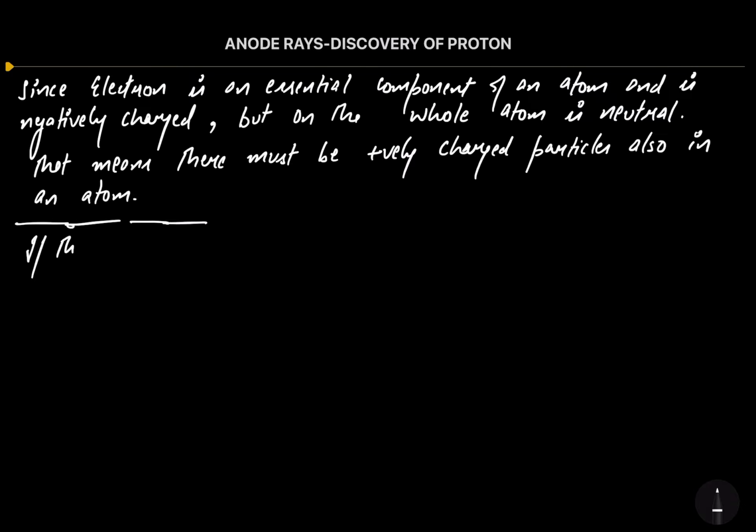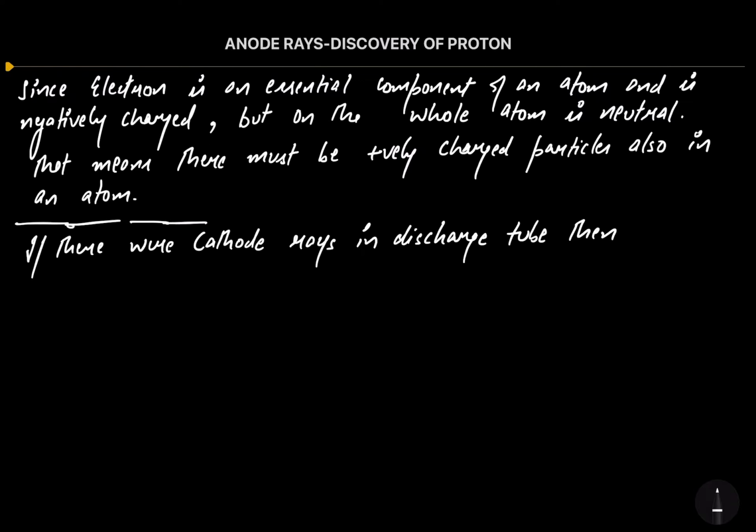If there were cathode rays in a discharge tube, then there must be some invisible anode rays also.